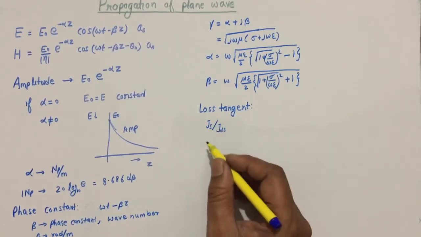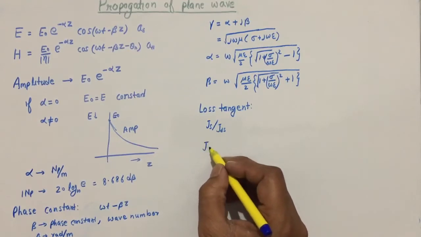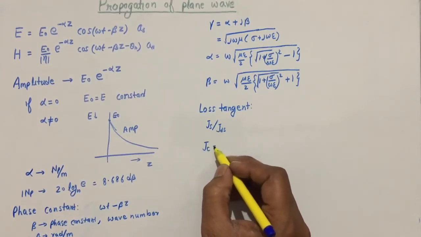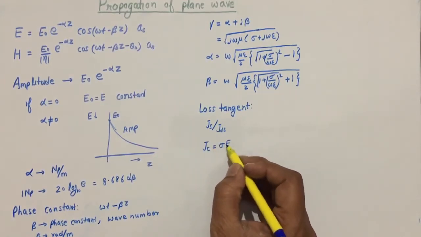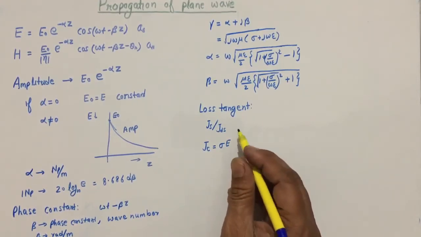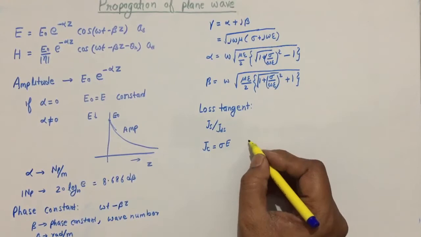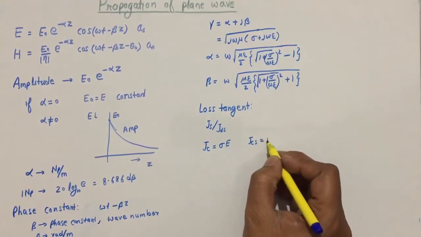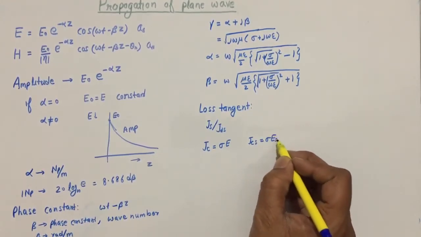We know Jc is equal to sigma E, the conduction current density, and in phasor form we can write Jc as sigma Es.